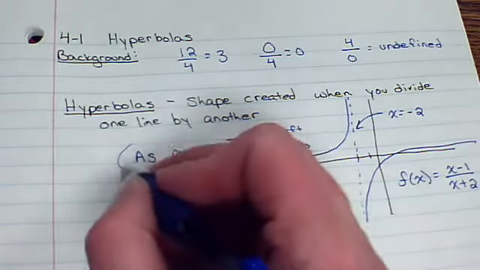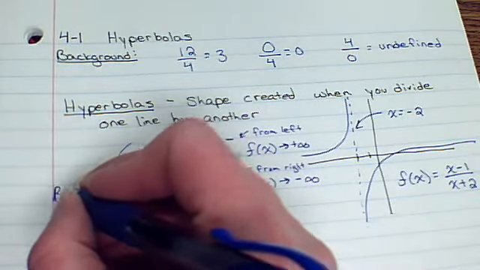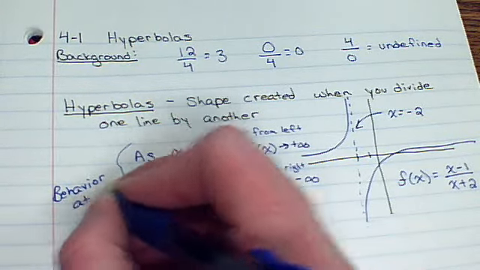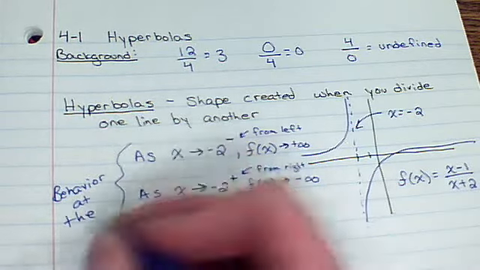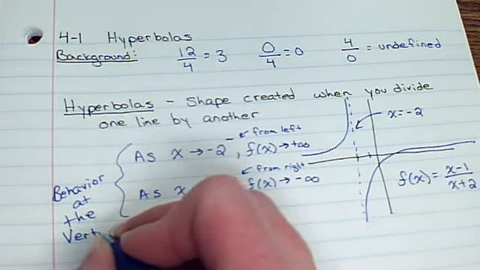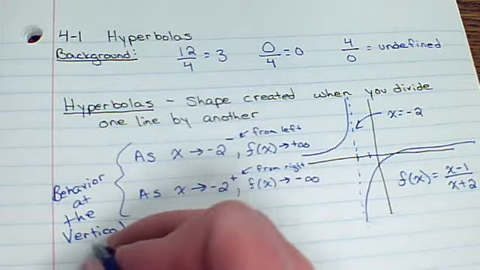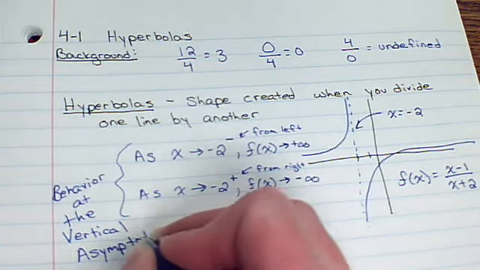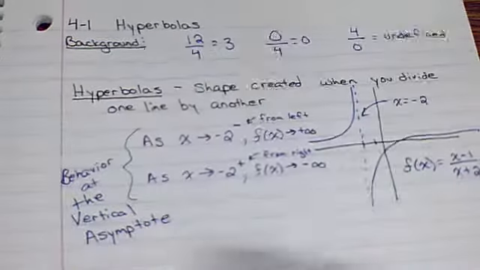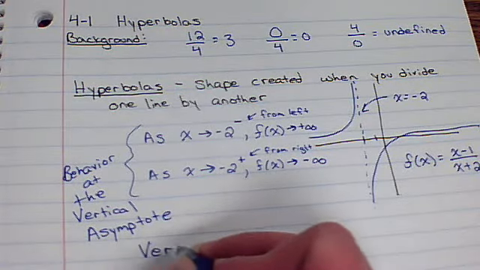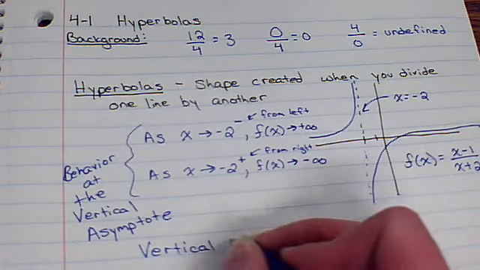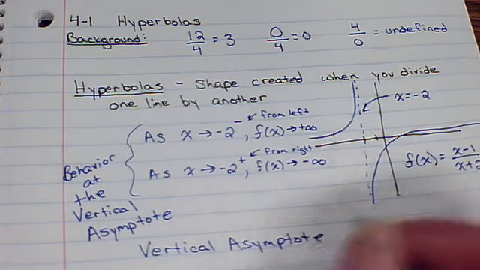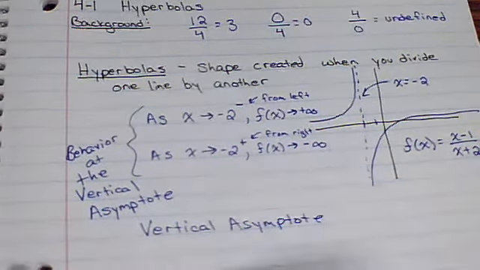This is called the behavior at the vertical asymptote. This imaginary line I drew in has a special name: vertical asymptote. A vertical asymptote has several special qualities. Well, for one thing, it makes the graph split, and it goes in separate directions.